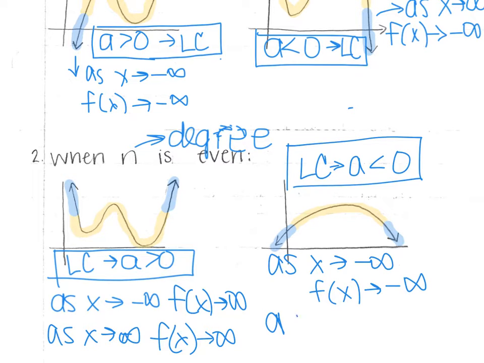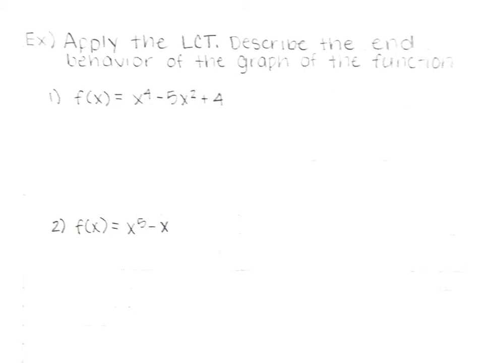And then as x approaches positive infinity, f of x is still going farther and farther down toward negative infinity. So we can use that information about the leading coefficient and the end behavior to describe the end behavior of the graph of the function.